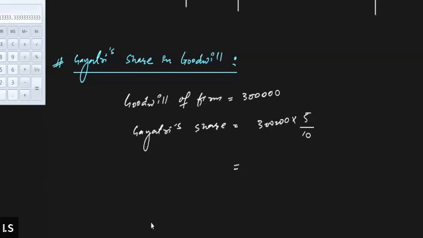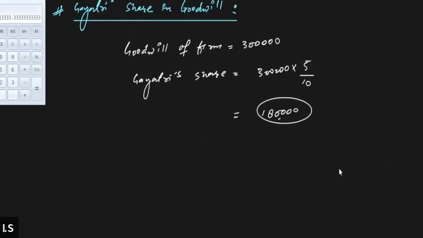So that means it will be 1,80,000. Yes or no, everybody? Gayatri's share will be 1,80,000. Is that correct? Sir, 1,50,000. Oh, I'm sorry. 1,50,000.